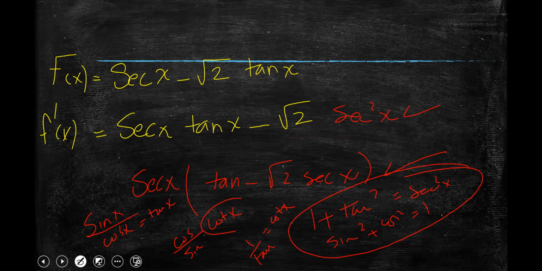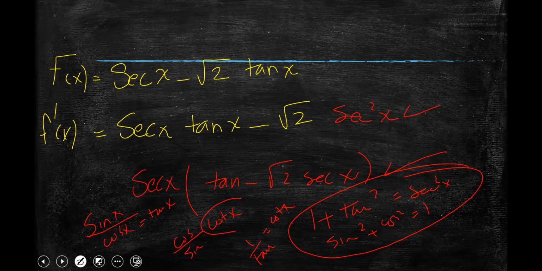Teacher, at the bottom right, sine squared plus what? Cosine squared. Teacher, in the secant brackets, tan minus 2 secant, isn't it different because we distribute the secant? Where?